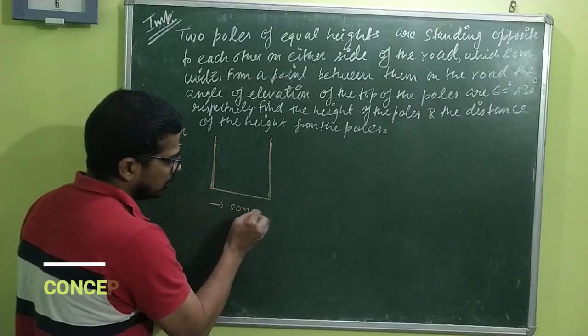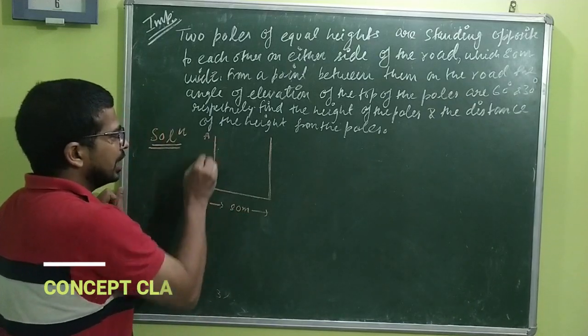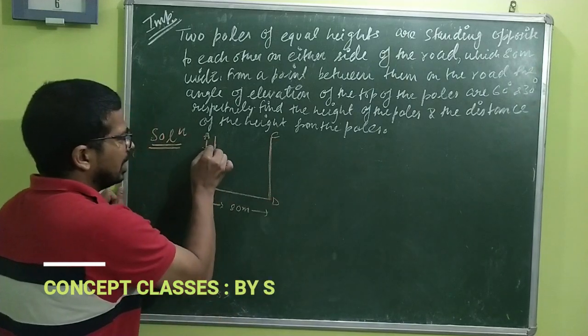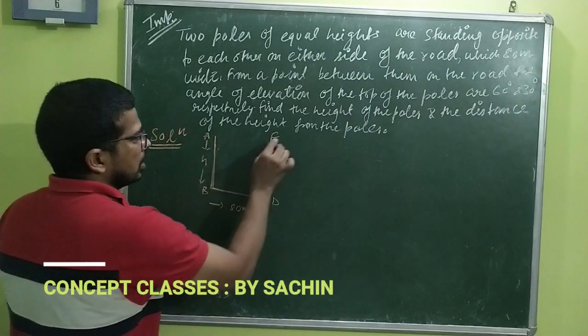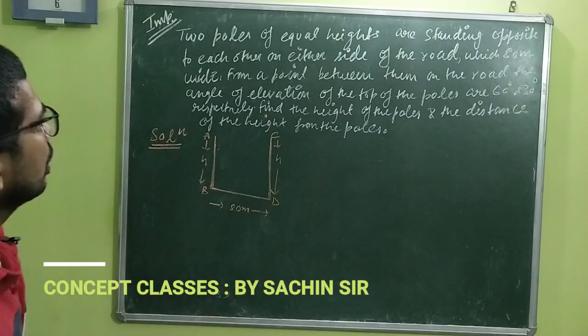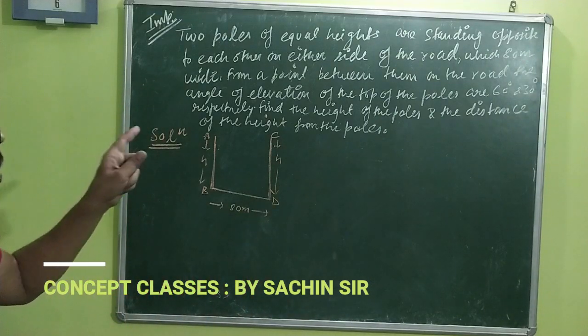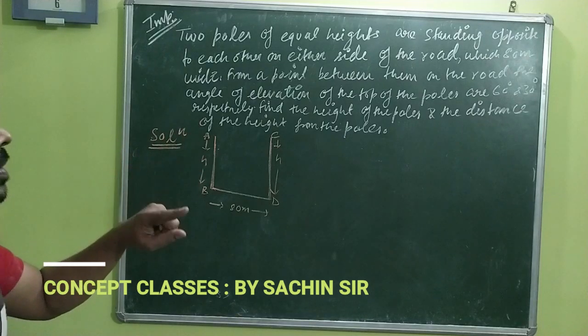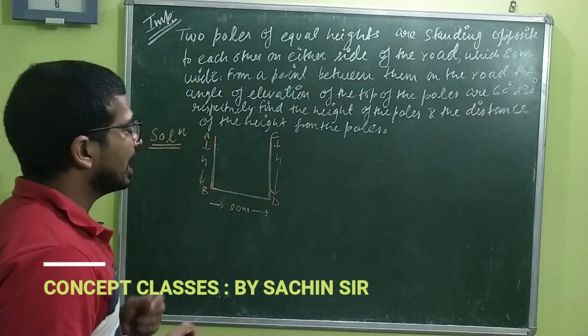I'll take the poles as A, B, C, D, and I'll take the height as H, and the other is also equal to H. From a point between them on the road, the angles of elevation of the tops of the poles are 60 degree and 30 degree.